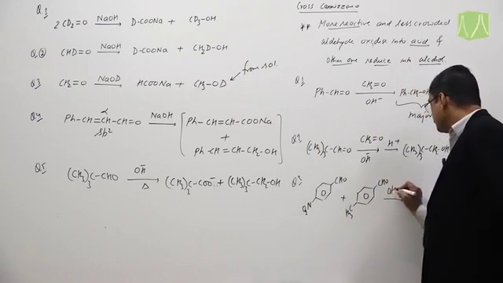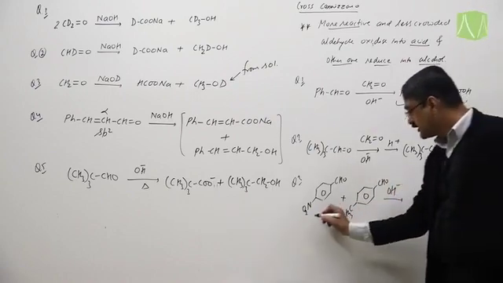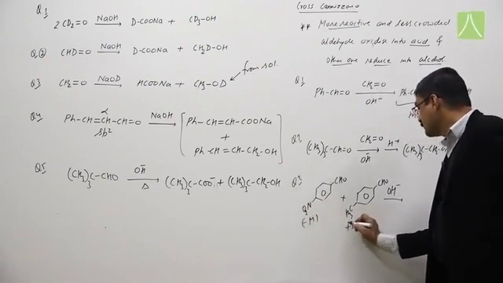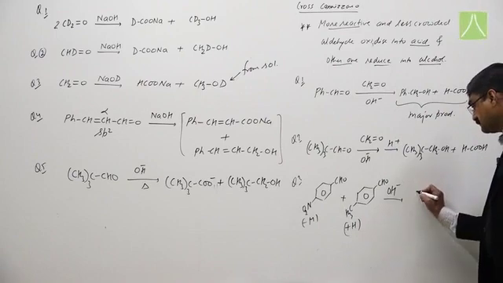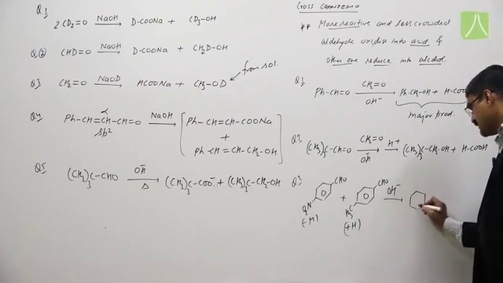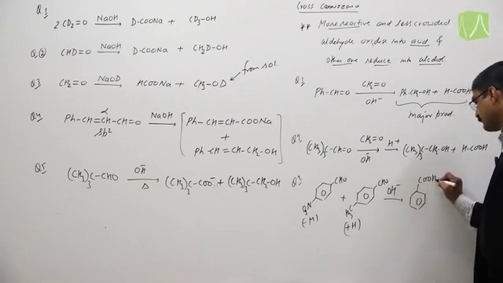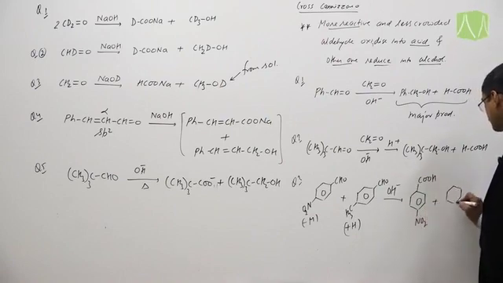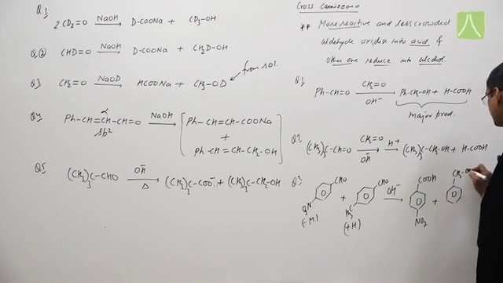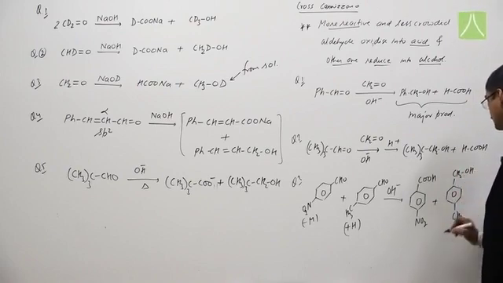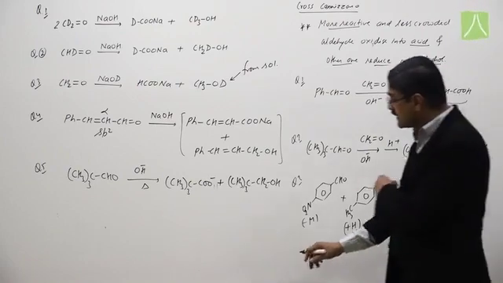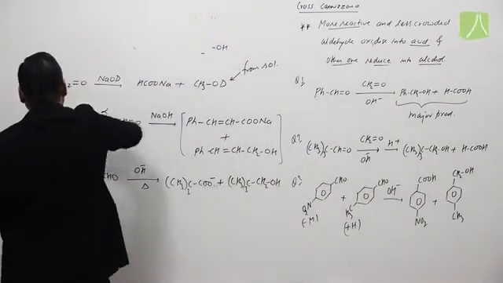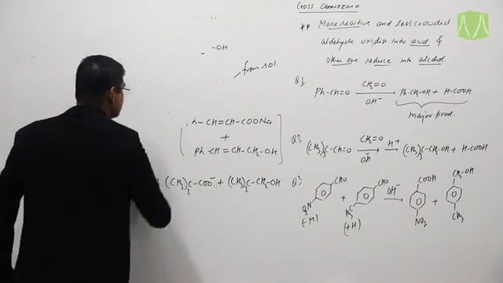Then this is more reactive because of minus M. This is less reactive because of plus H plus I. So the more reactive is oxidized and the less reactive is reduced, because the less reactive reacts later on, so first one is oxidized and the second molecule is reduced. So these are the cross Cannizzaro type of reactions.